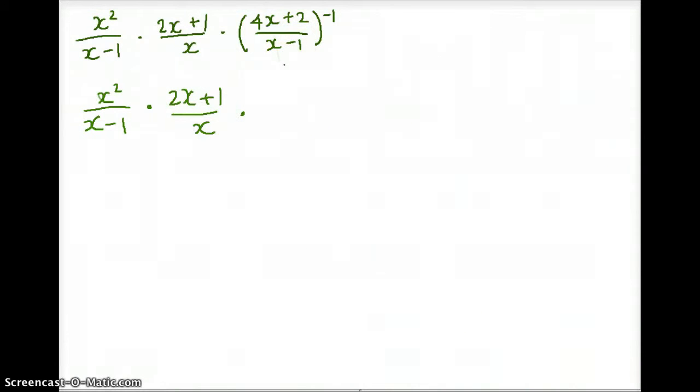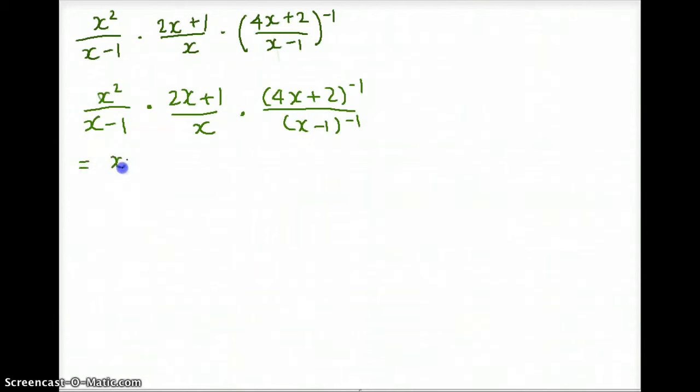So what I would do first is to apply the power to both the numerator and the denominator, making them to the power of negative 1. So we have 4x plus 2 to the power of negative 1 over x minus 1 to the power of negative 1.